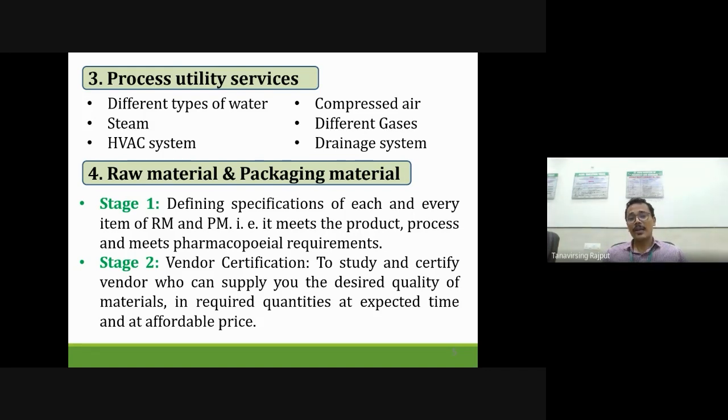Then the raw material and packaging material. Why is validation important for raw material and packaging material in manufacturing? First, defining specifications of each and every item of raw material and purchased packaging material.